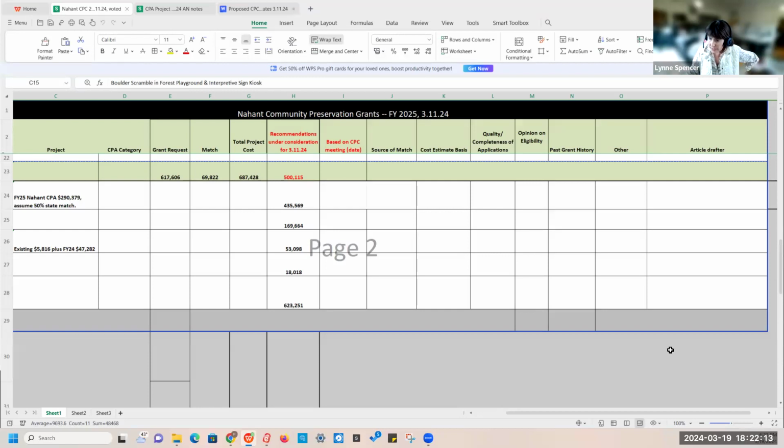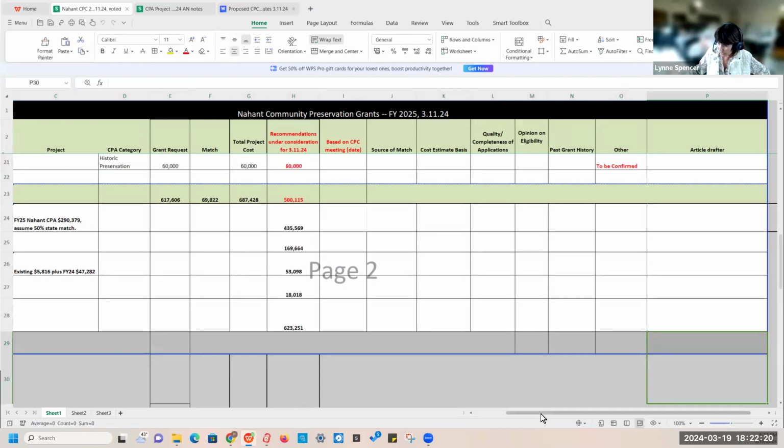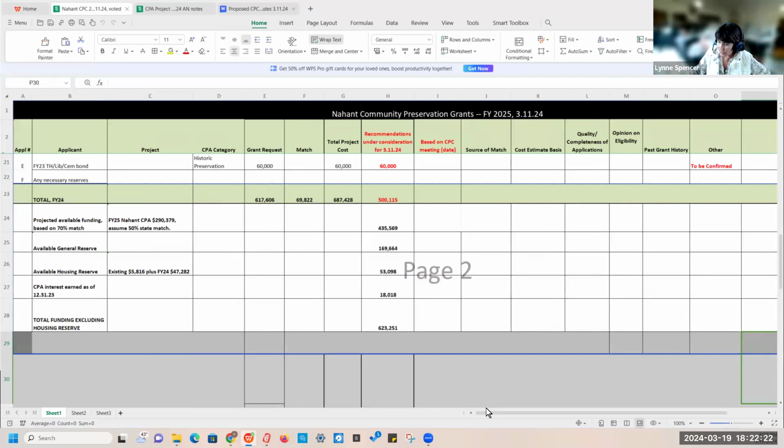And we have a reserve of $169,664. We have a housing reserve of $53,098. And then we have interest earned of $18,018. So the amount that we have exclusive of the housing reserve for allocation is $623,251.